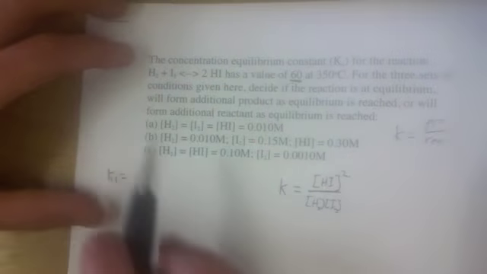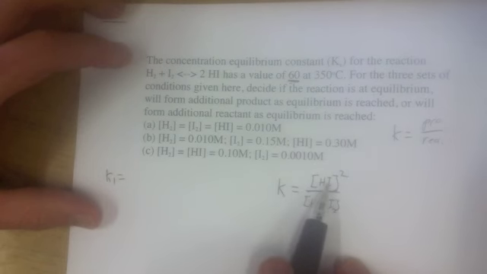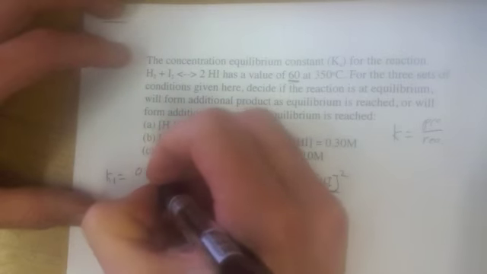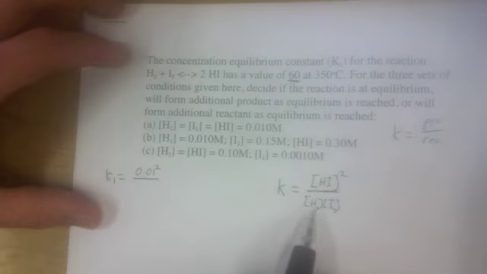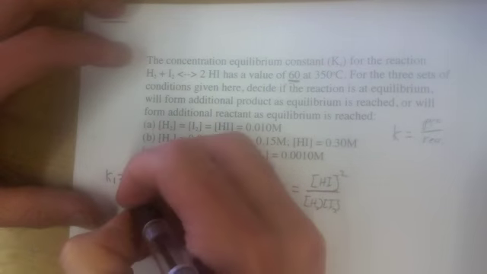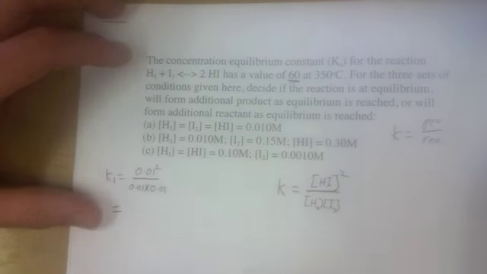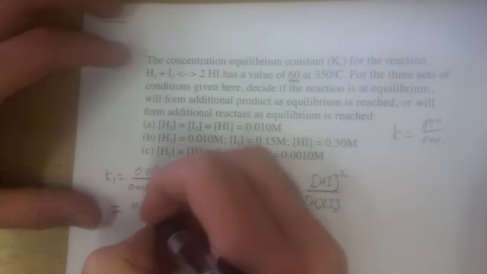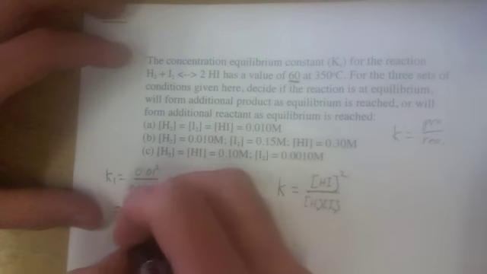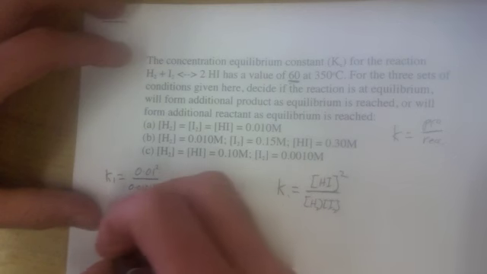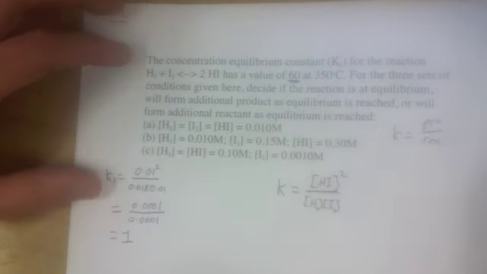K1 equals the concentration of hydrogen iodide squared, which is 0.01 squared, divided by the concentration of hydrogen, which is 0.01 because it's all equal, times 0.01 for the concentration of iodine. 0.01 squared equals 0.0001, divided by 0.0001, and our K for this comes out at 1.